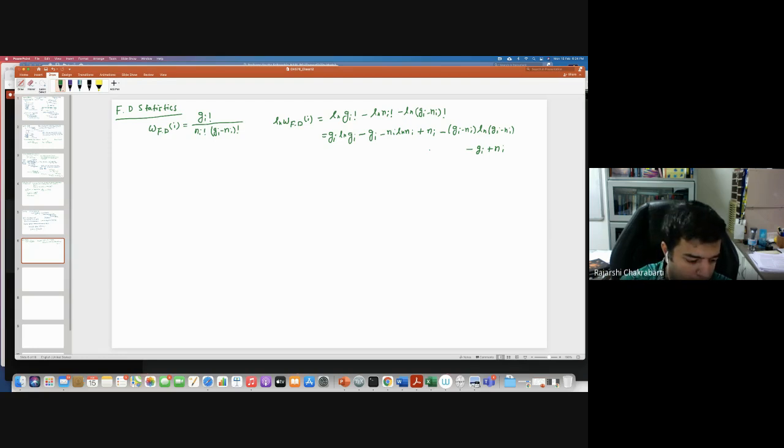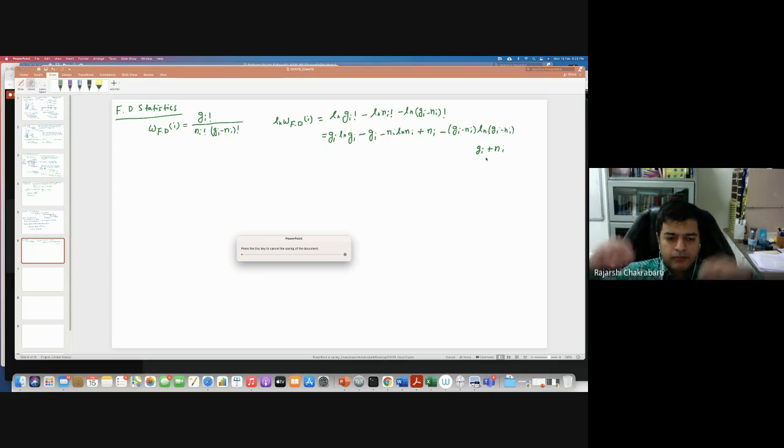Is this clear? I think it should be okay. g_i minus n_i, yeah, the other way. Wait for a minute.